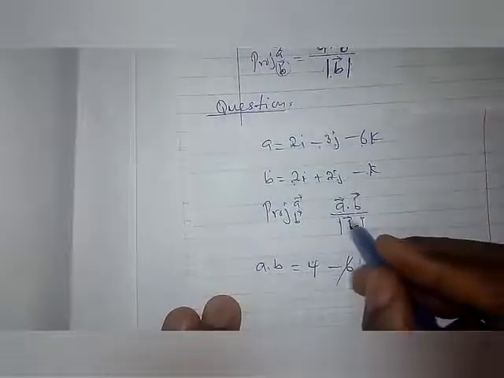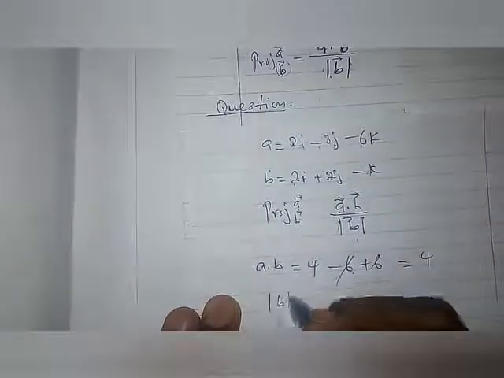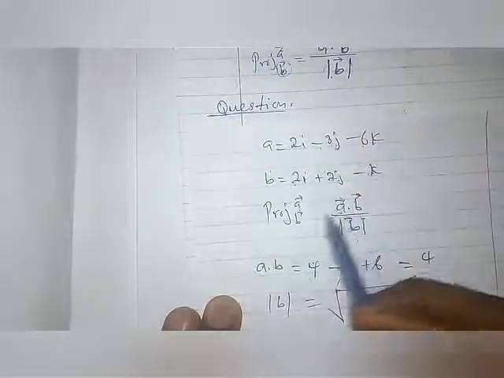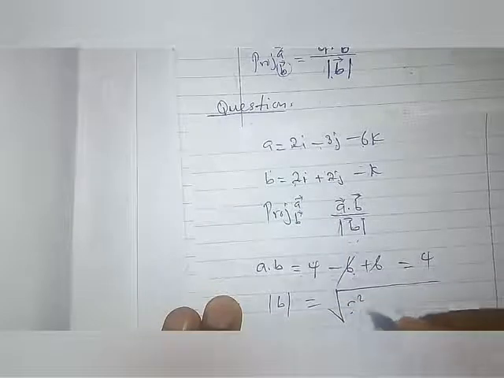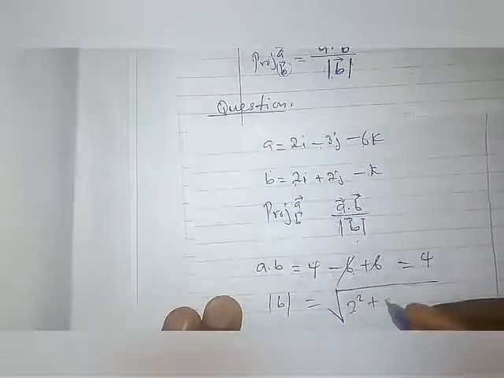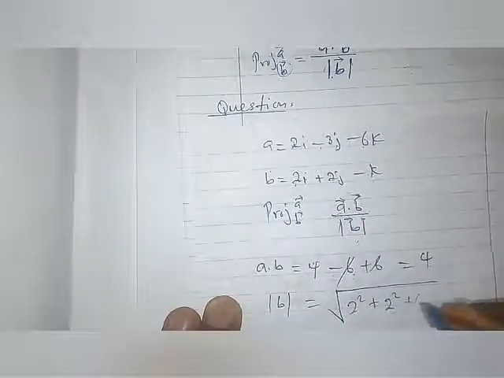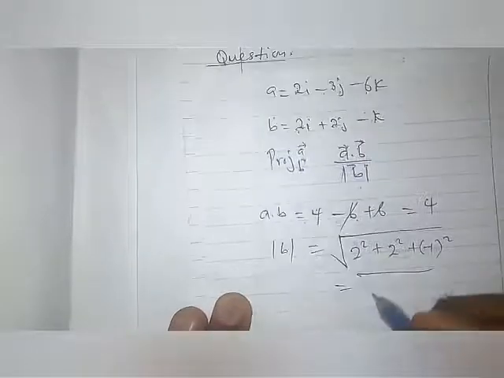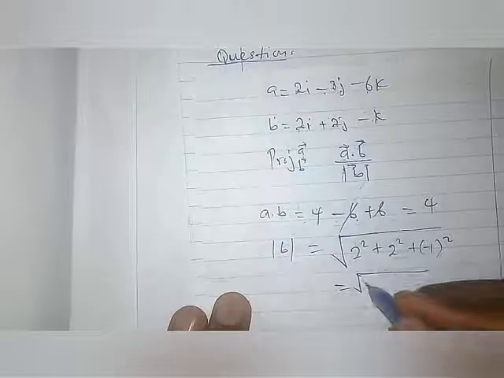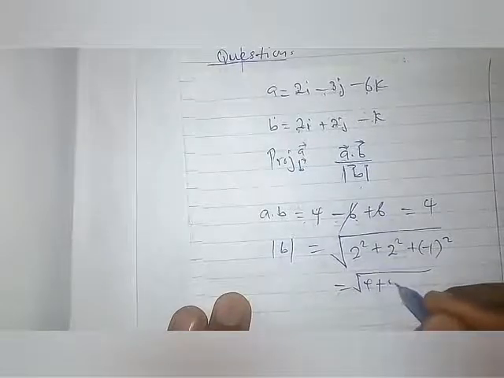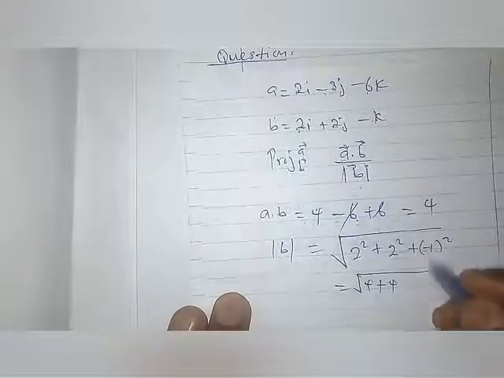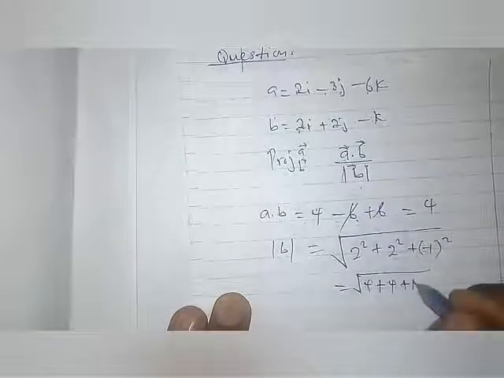Now we have to find the magnitude of B. The magnitude of B is the root of 2 squared plus 2 squared plus minus 1 squared, which is the root of 4 plus 4 plus 1.